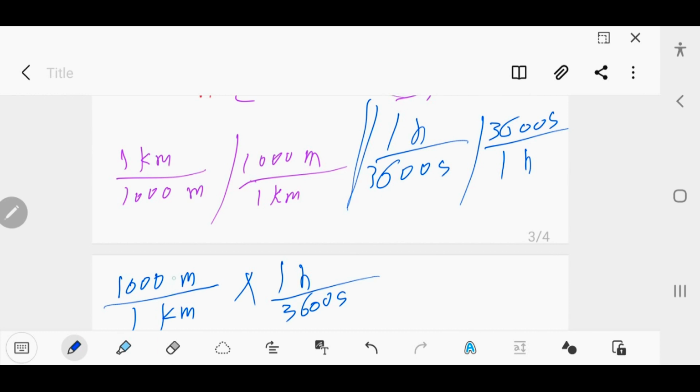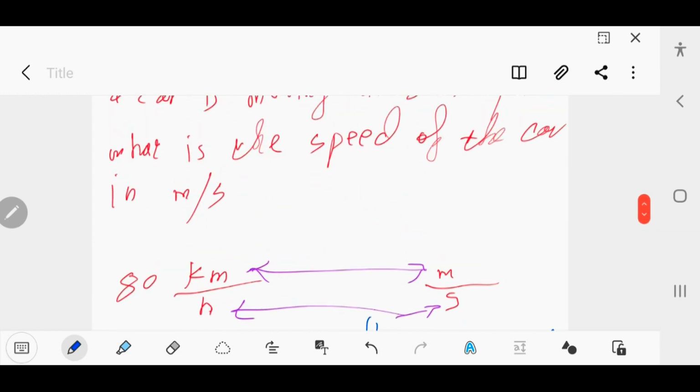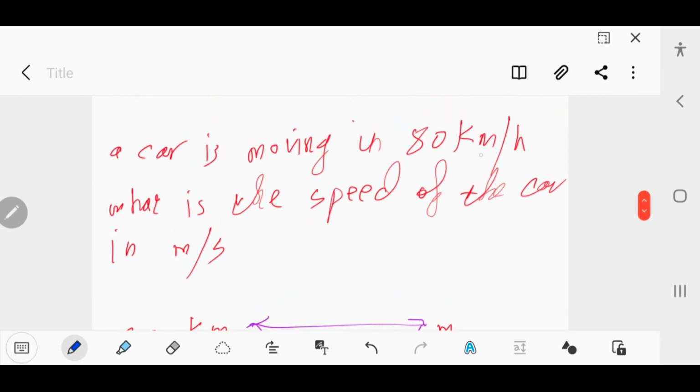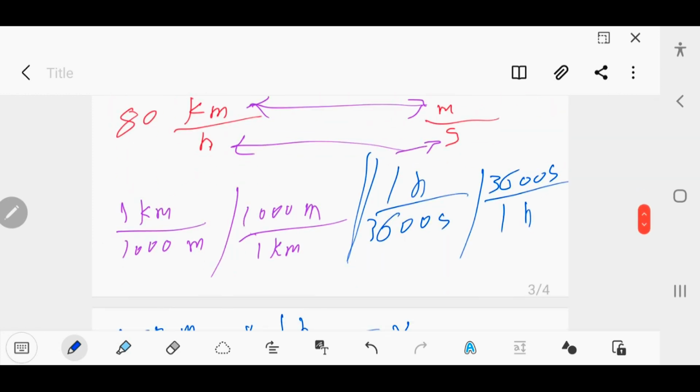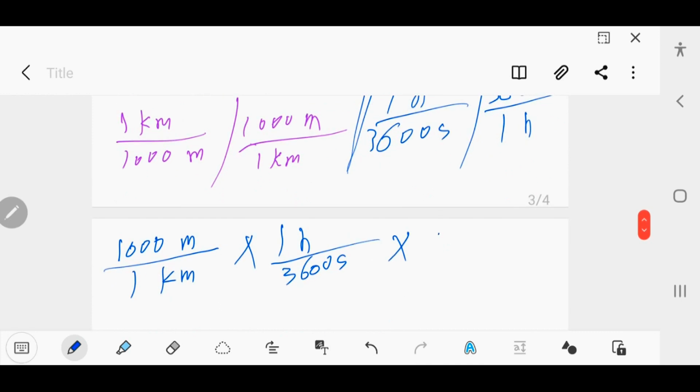This is for distance, and this one for time. Times exactly the given quantity in the question, which is 80 kilometers per hour.